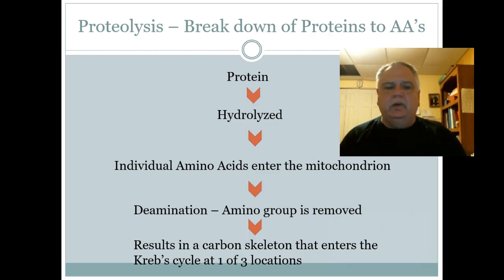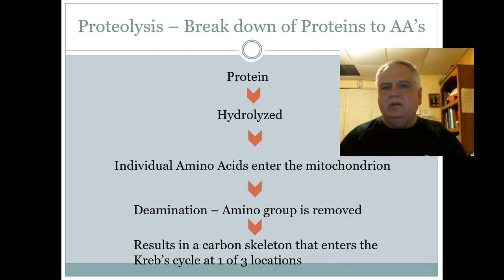Once the amine group is removed, or deamination takes place, this is going to result in a carbon skeleton that's going to enter the Krebs cycle from one of three locations. And that's going to depend upon how complex the amino acid is. We have amino acids that run anywhere from having a single hydrogen for the side chain to having very, very complex side chains.